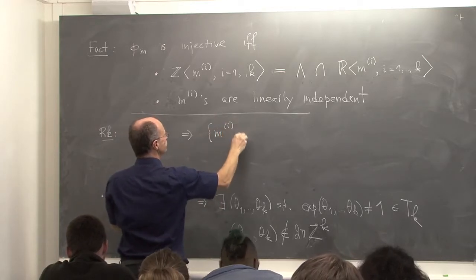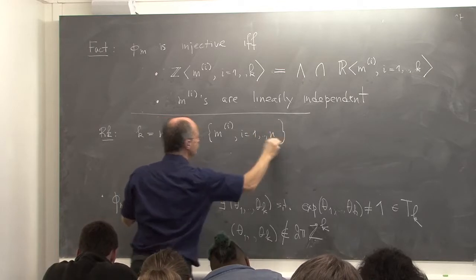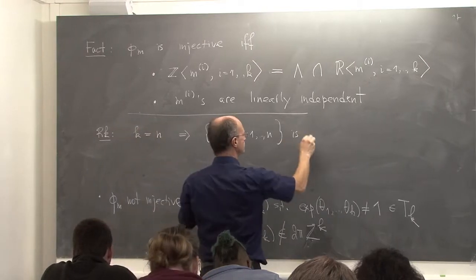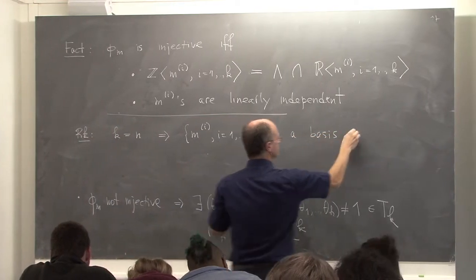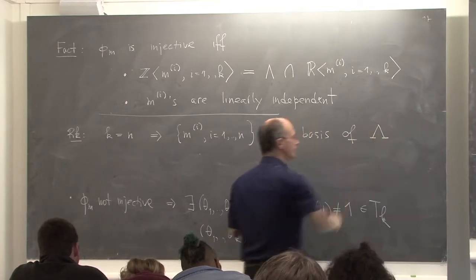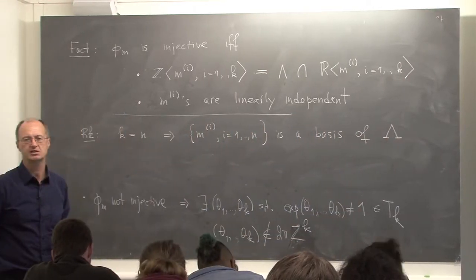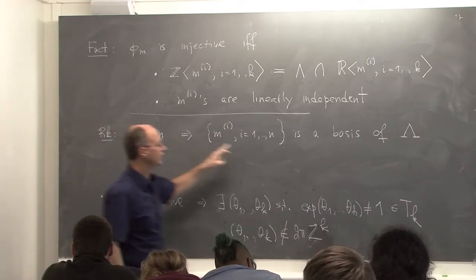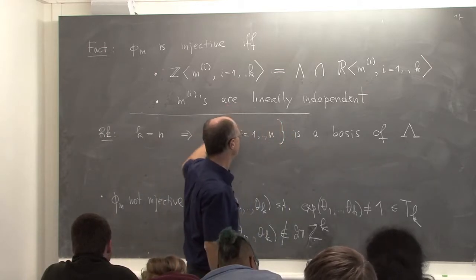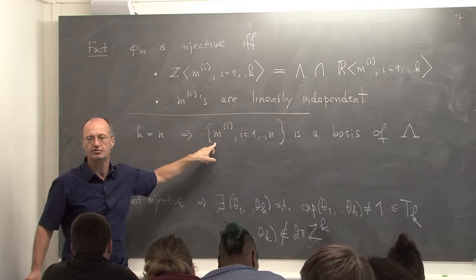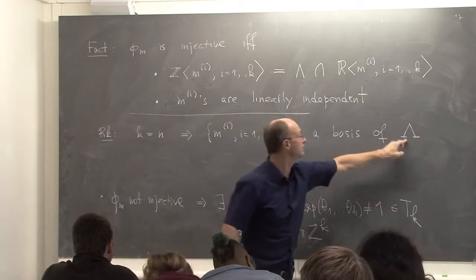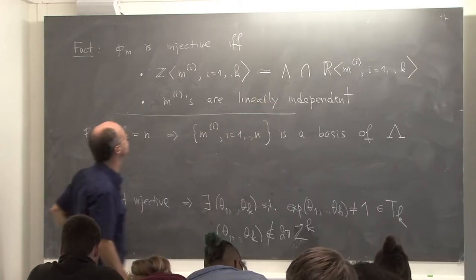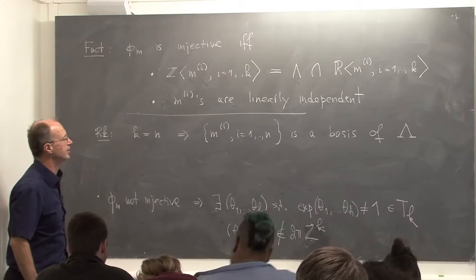They mean that the mi, which are now just n integral vectors, are a basis of this lattice lambda. All elements of lambda are, so they are linearly independent, so they are a basis of R to the k, but they are also a basis of lambda because all elements of lambda can be obtained as linear combinations of mi's.